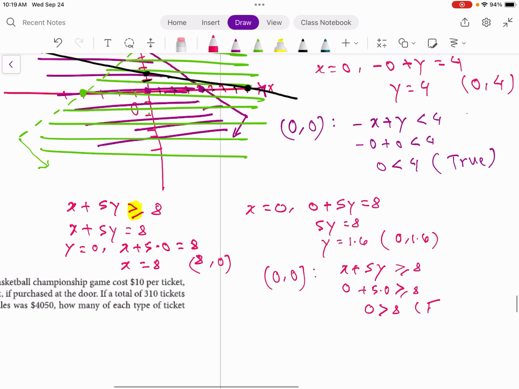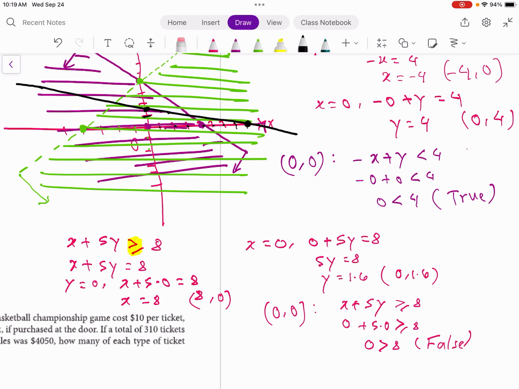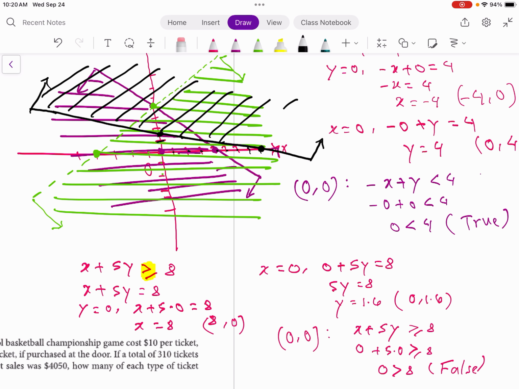And this is false, right? So it means every point away from the origin is a solution. So all these points above the line are the solution for this inequality.